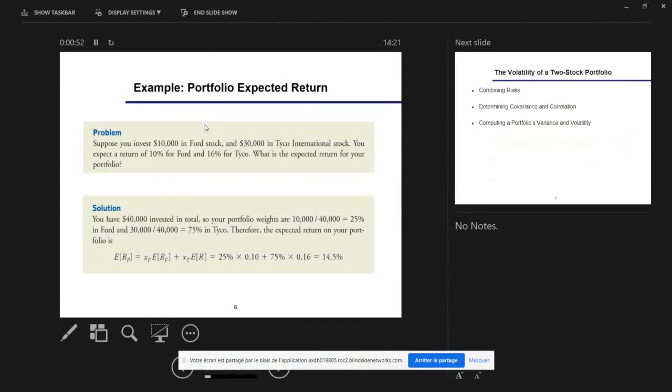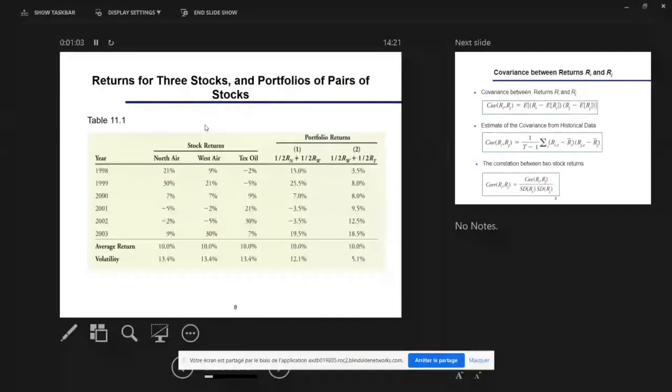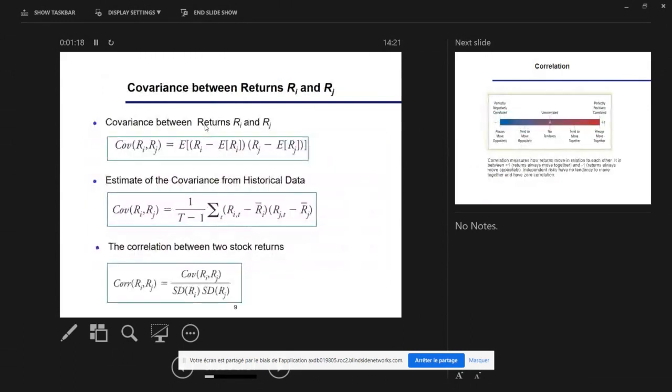Next, you need to know how to calculate the volatility of the two stock portfolios. As shown here, the risk of the portfolio depends upon something called the correlation of the stocks inside that portfolio, because that is the way we calculate how RI and RJ co-move.